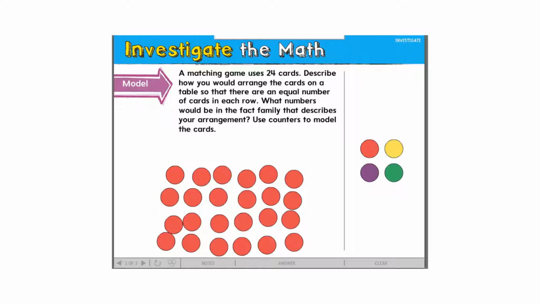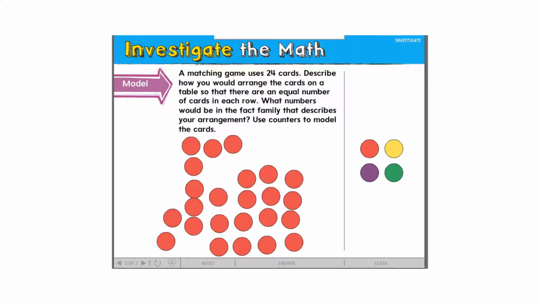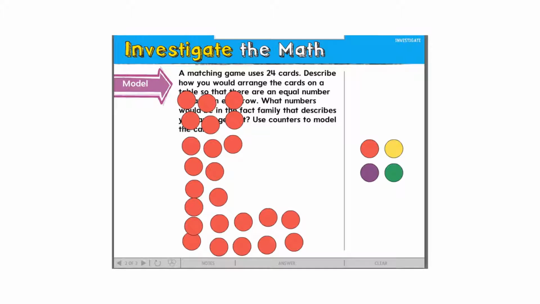What's another way you could arrange these counters, Aiden? 3 across, 8 down. So if I did 3 like this, then we would have a row of 8 here. I'm going to need 3, 4, 5, 6, 7, 8. Then if I filled all of those in, they're just counters. It's just a visual for you to see.